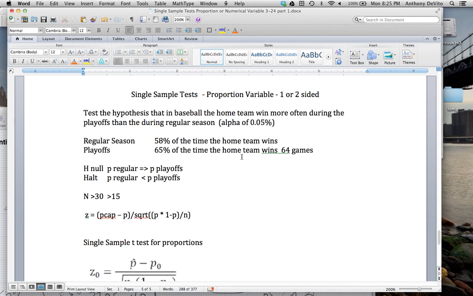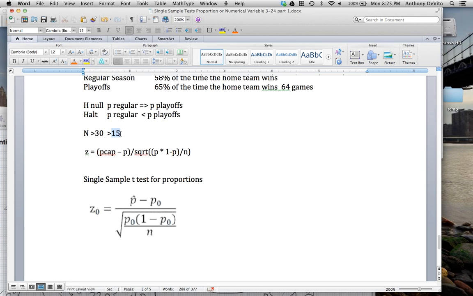So basically with proportions, you never really use the t-score, you only use the z-score. The reason you justify that is that part of the assumption when you work with proportions is that you're working with large samples over 30. But there's a special caveat here. Not only do they have to be over 30, but both groups, the yeses and the nos, both have to be greater than 15.